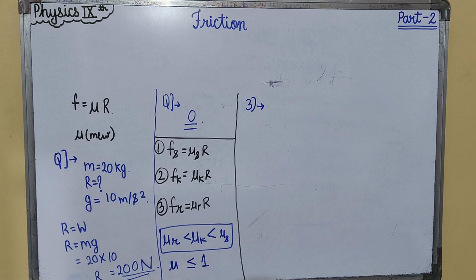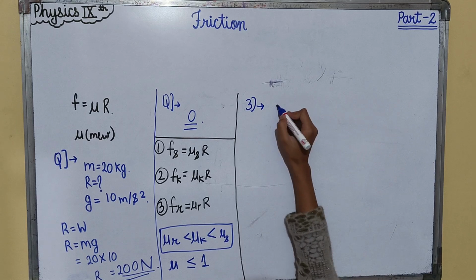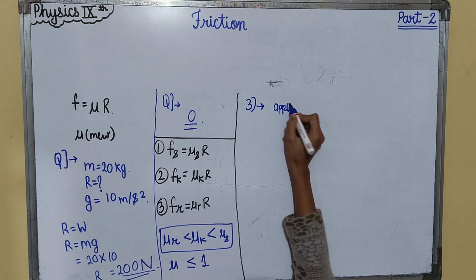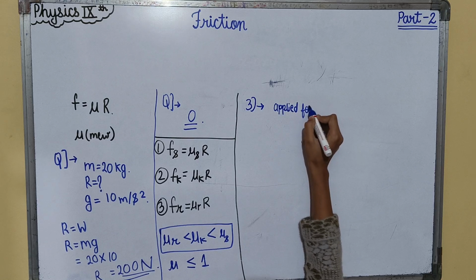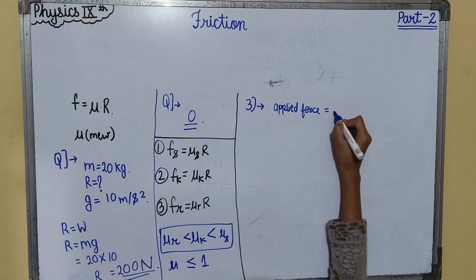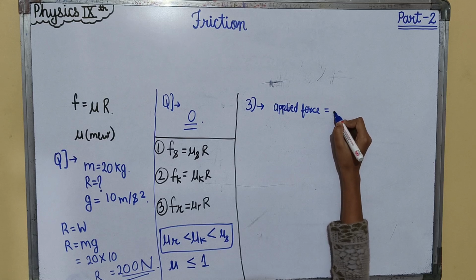So, given is that force is just able to move the block of wood. So remember that applied force is equal to frictional force.